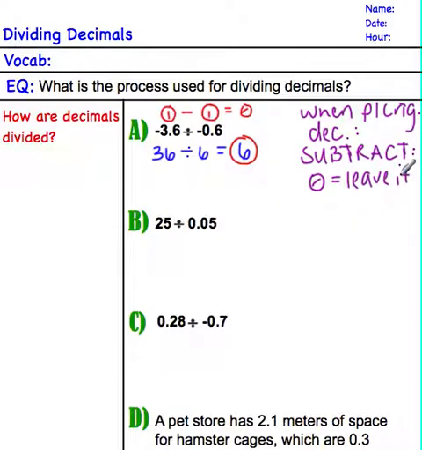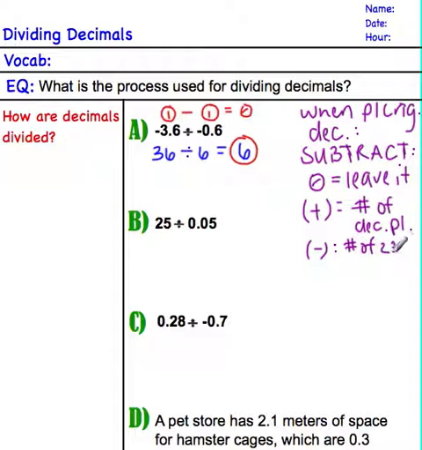If you get a positive number, that's the number of decimal places. And if you get a negative number, that means how many you're short, so that tells you the number of zeros to add. Now I know this sounds confusing, but once you get the hang of it, it actually is pretty self-explanatory.